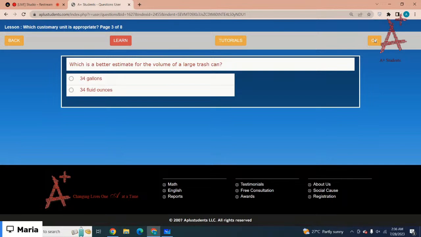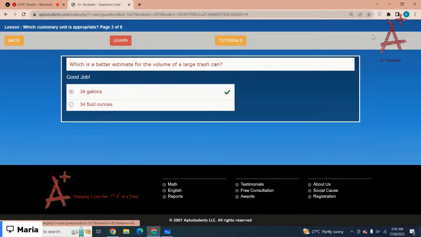The correct option is for a trash can, it would be 34 gallons. Yes, it is 34 gallons.